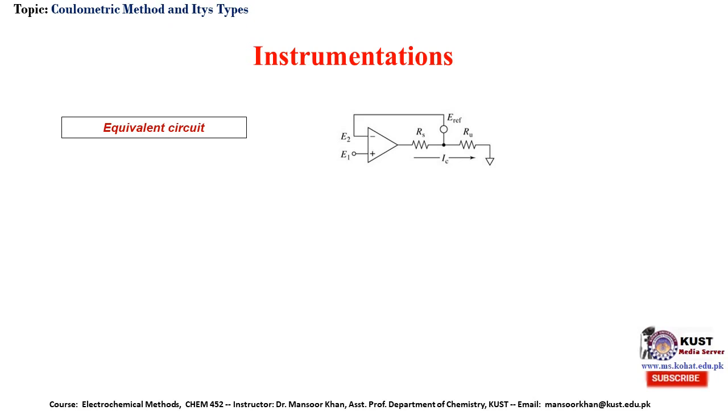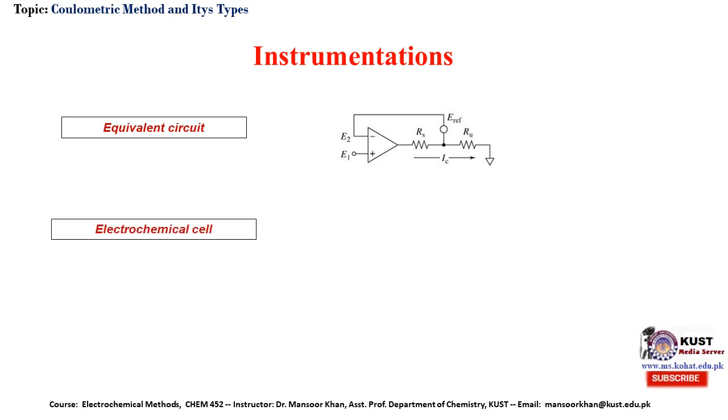We have two electrode positions, E1 and E2, and we also have a reference electrode which is represented by Rf. Now the current flows from E1 to E2 through Rs and through Ru, and then it goes for the measurement of the electric current.